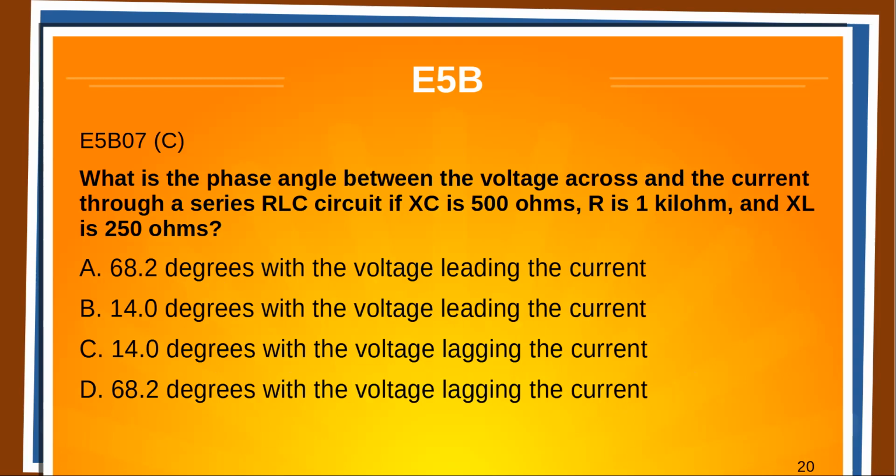Since it's net capacitive, remember ELI the ICE man, the capacitor current leads the voltage, so you can eliminate two answers right off the bat. You need your calculator to do the degrees, but right off the bat, the capacitive reactance is higher, so it's ICE, the current leads, the voltage is lagging the current. So it's either C or D, you get that far.